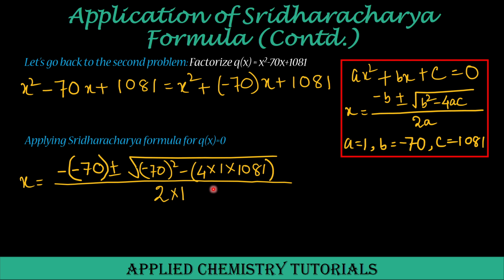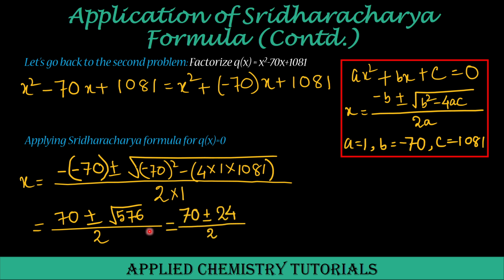After simplification, we can have x = (70 ± √576) / 2. On further simplification, we can have x = (70 ± 24) / 2.